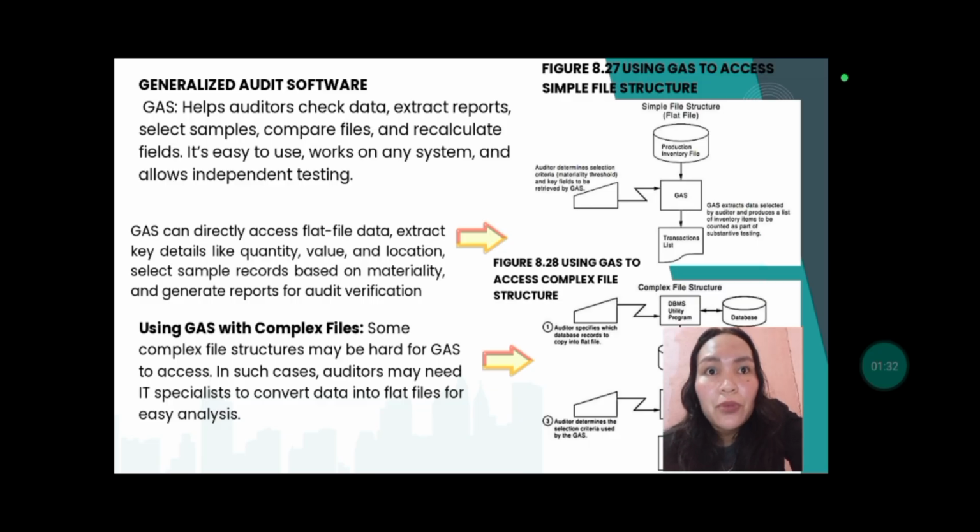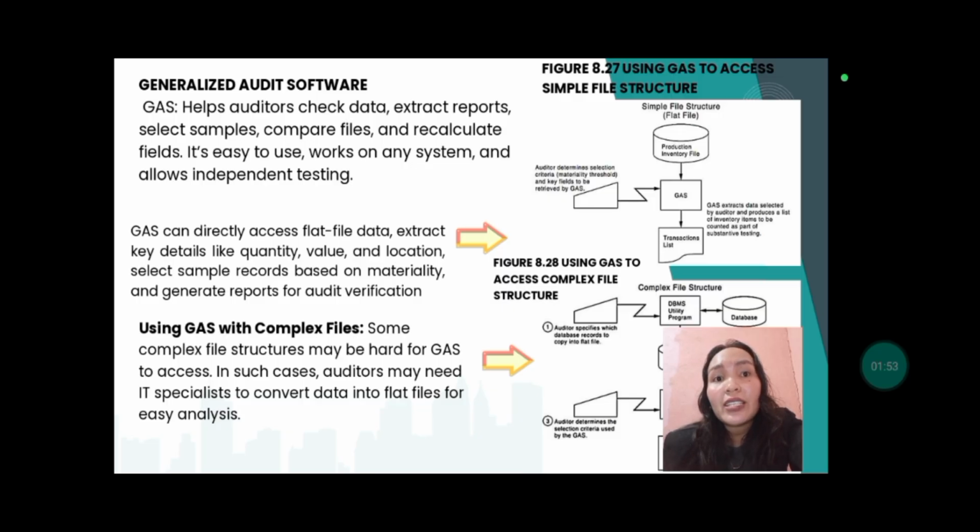file structure. So this diagram shows how generalized audit software interacts with a simple flat file system during an audit of production inventory. First, an auditor defines selection criteria such as a materiality threshold and key fields.